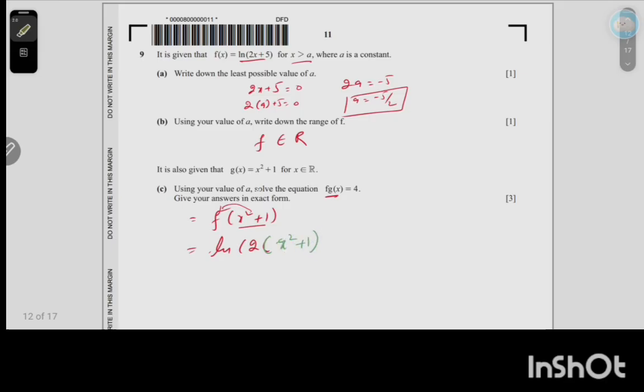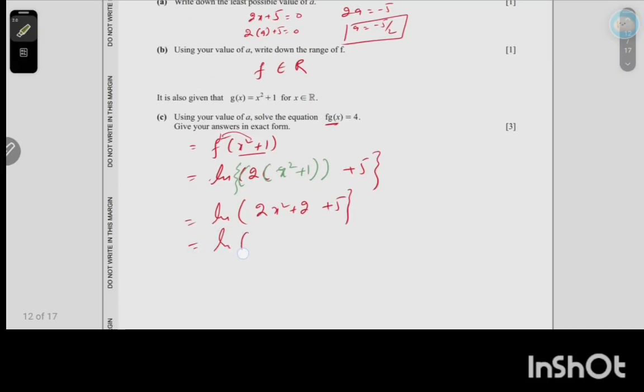Okay, now this is closed and then plus 5. Okay, log of 2x square plus 2 plus 5.